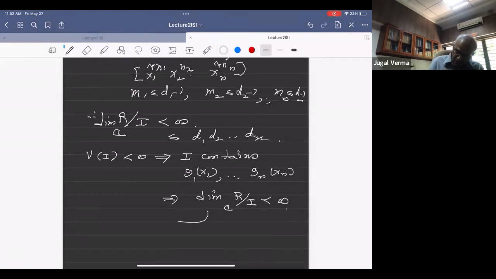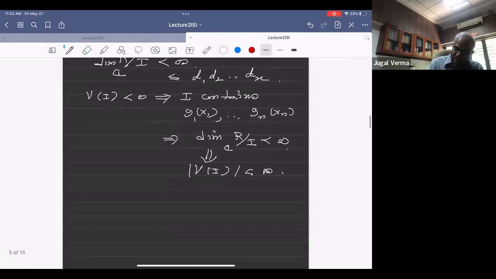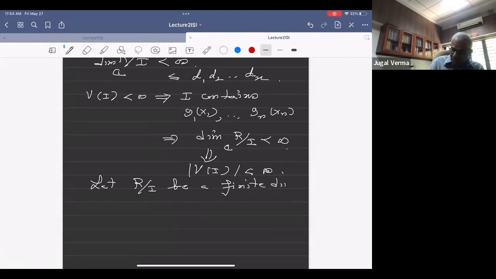Now let me show the converse, that it implies Vi is finite. So suppose R mod I is a finite dimensional complex vector space, and suppose d is the dimension.